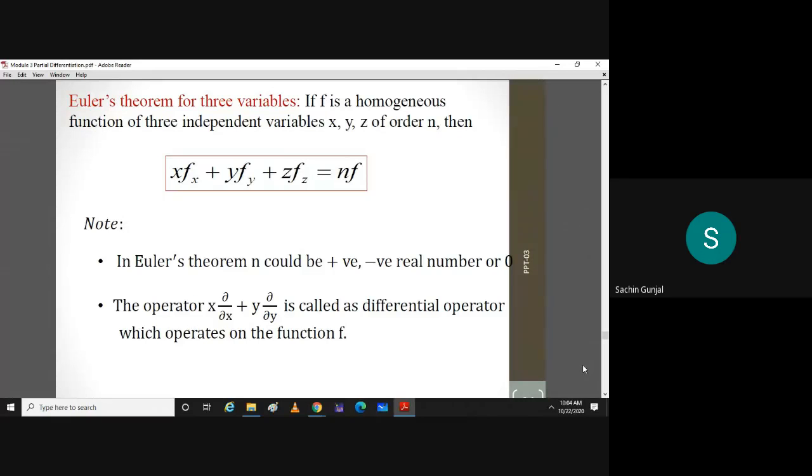In some cases the function is not homogeneous, but from that function you can get another function which is homogeneous. That is a point to be noted. Do you understand this? Yes, sir. Okay, fine.